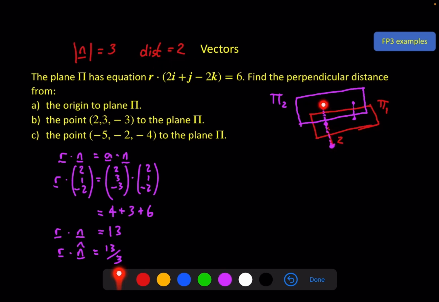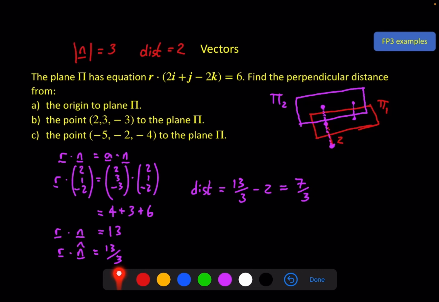The distance all the way up to pi 2 is 13 over 3. So the distance between them, the distance that I actually want from the question, is 13 over 3 minus 2, which gives me 7 over 3. And that is the perpendicular distance from this point to pi 1.